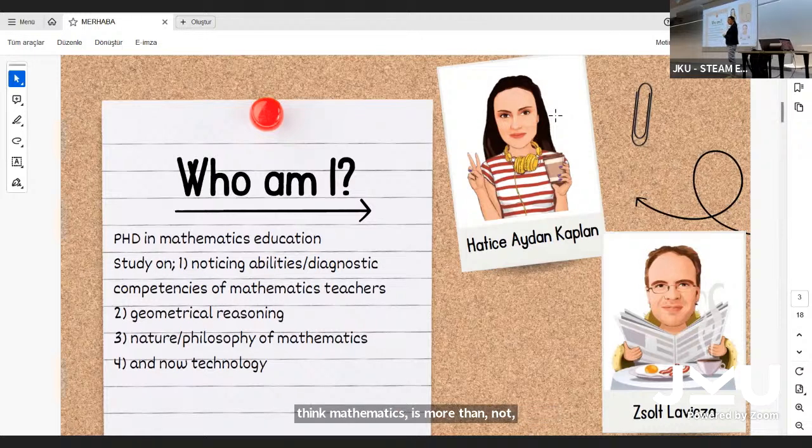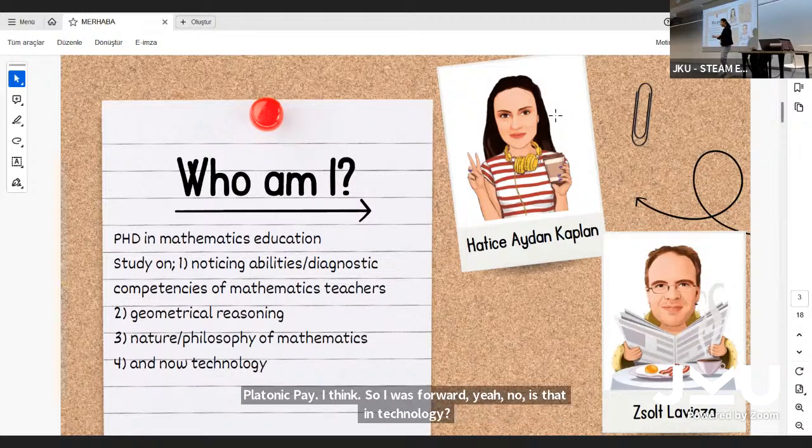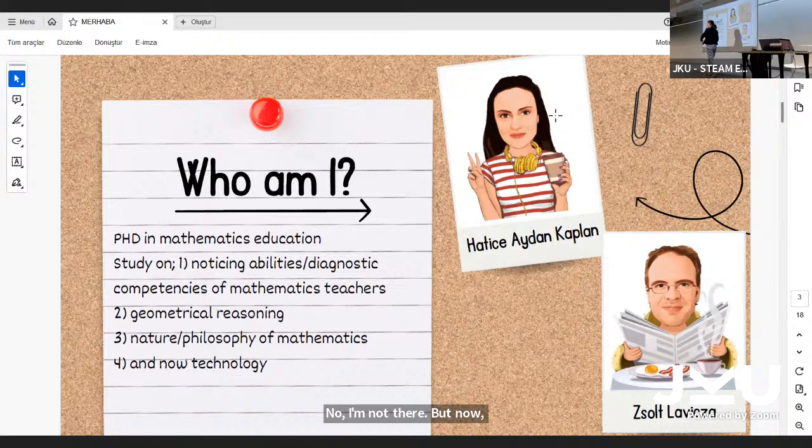I see mathematics from the point of view of a Platonic way. So I was far away. But now I'm going step by step toward technology. So I am new.